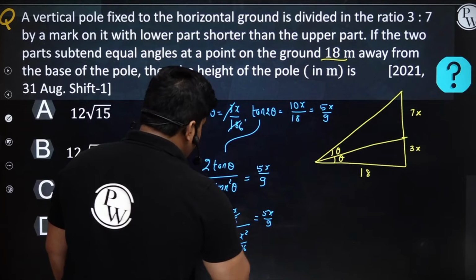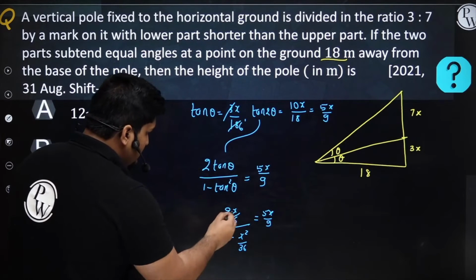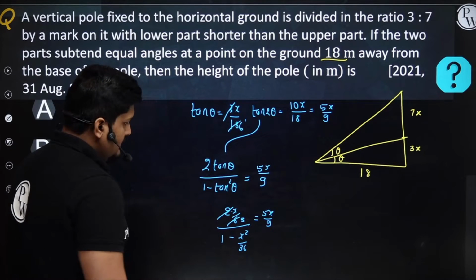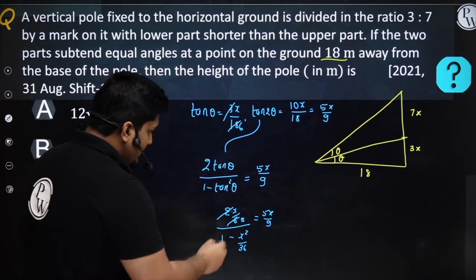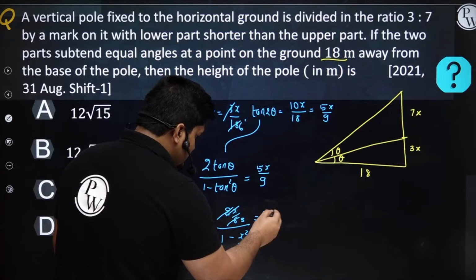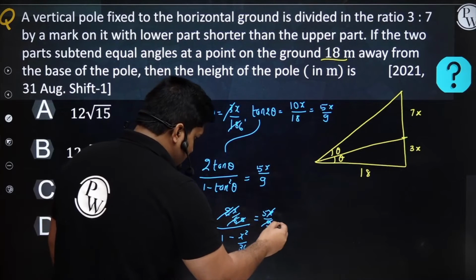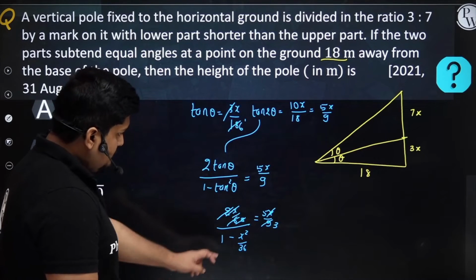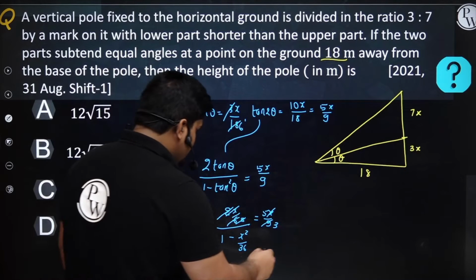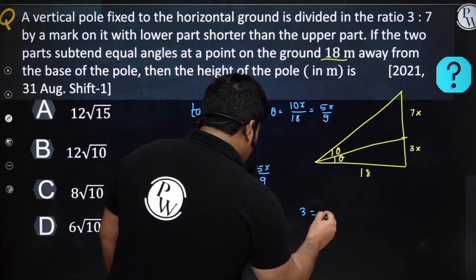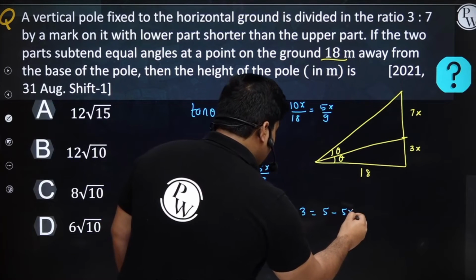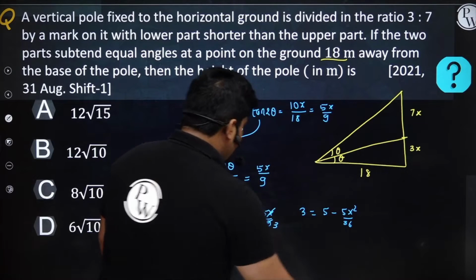So this is 1 minus tan square theta. So this 2 into 3, this will be x by 3, and we can cancel out this x also and this as well. This will be 5 by 3. So now if you cross multiply, 3 is equal to 5 minus 5x square divided by 36.